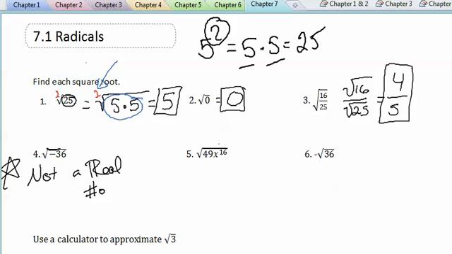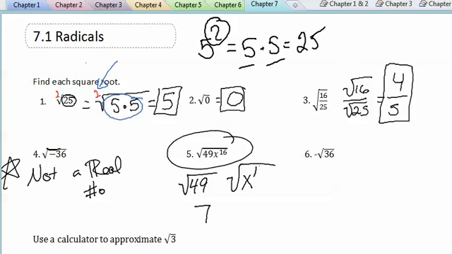All right, let's take a look at a variable right here. If this was the square root of 49 by itself, I think most of you could figure that out. It would be 7 times 7, so the square root of 49 is 7. But what about the square root of x to the 16? Well, remember what I said before, the index is 2.